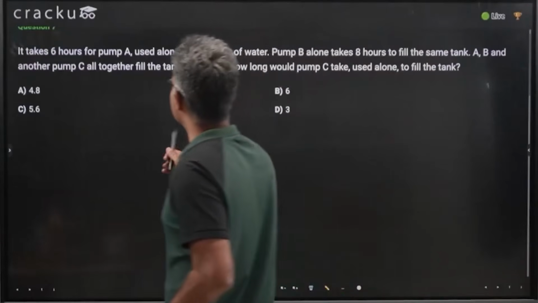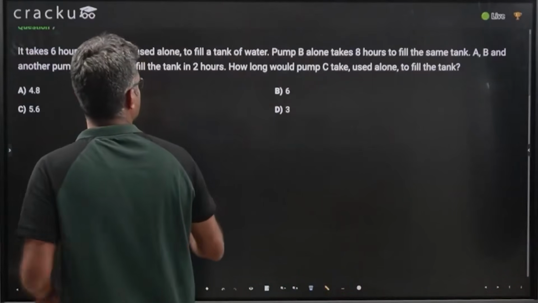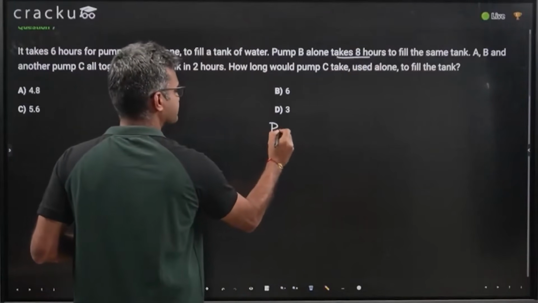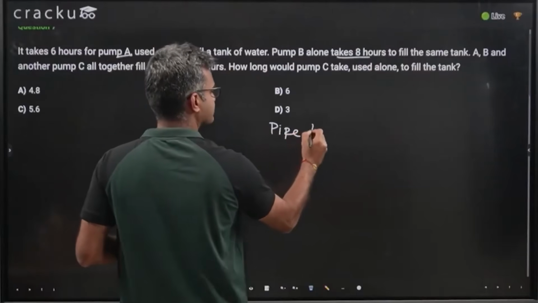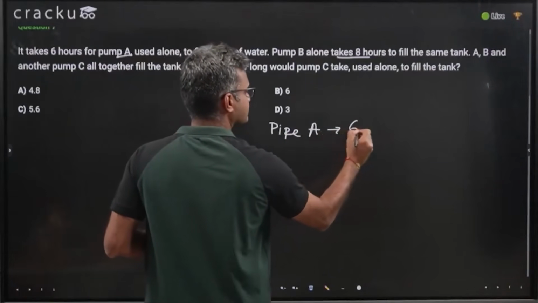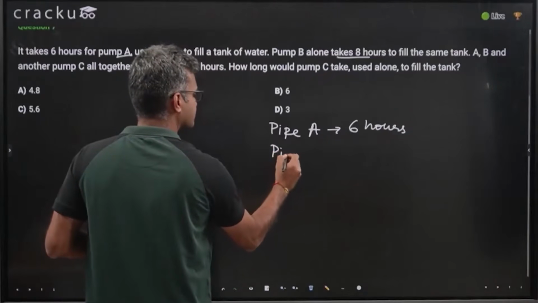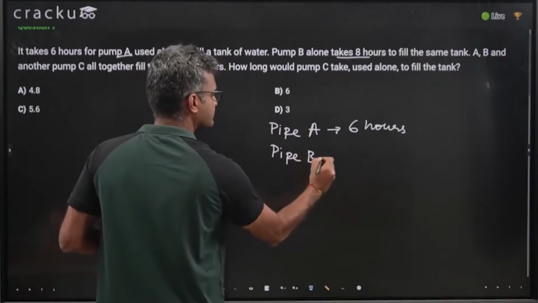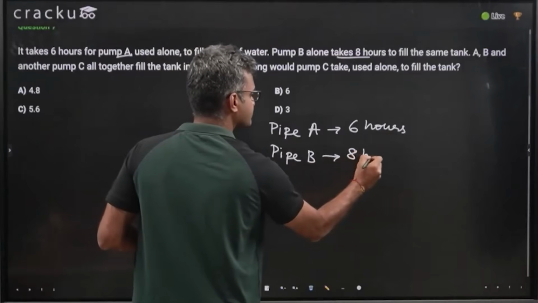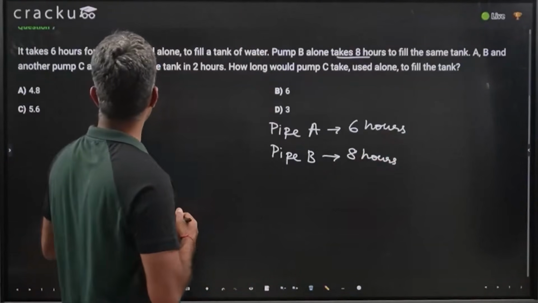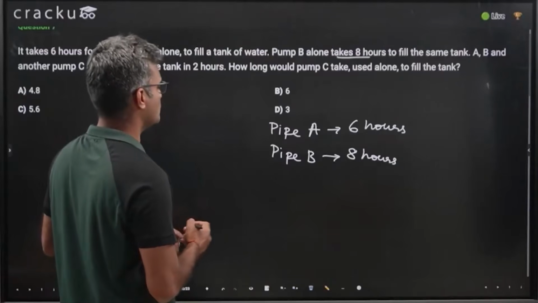It takes 6 hours for pump A used alone to fill a tank of water. Pump B alone takes 8 hours. And A, B and another pipe C can fill a tank in 2 hours.